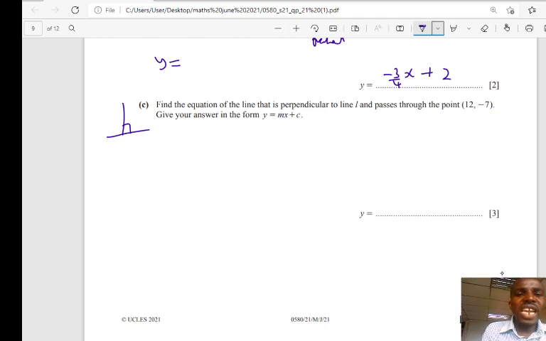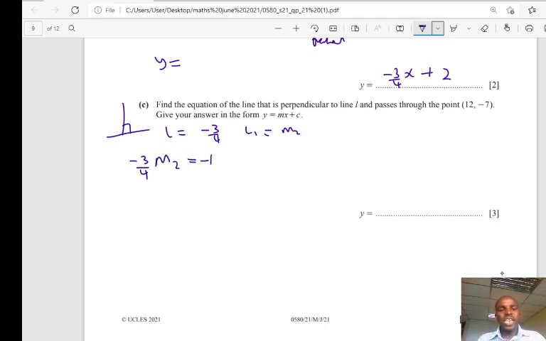So the gradient of the line L is equal to minus 3 over 4. The gradient of the other line, we can call it L1, then its gradient we can call M2. So minus 3 over 4 times M2 is equal to minus 1. That's the way you can find the gradient of the other line, which is perpendicular to line L. The product of the gradients must be equal to minus 1.